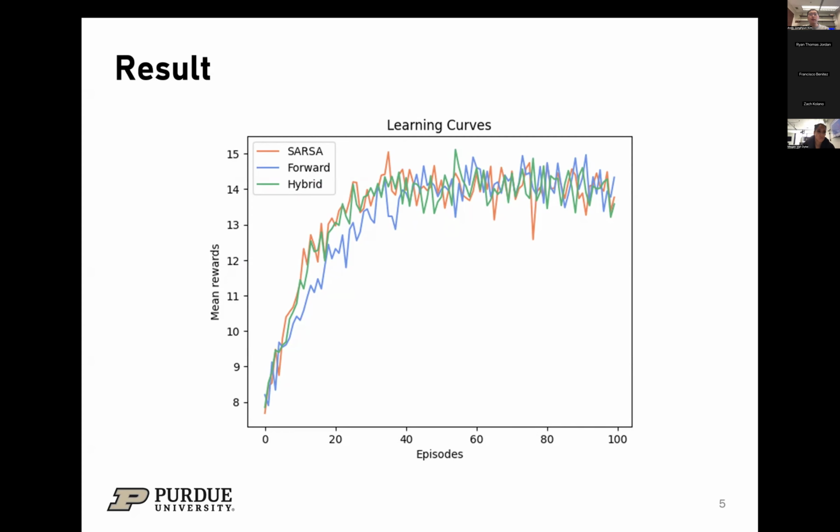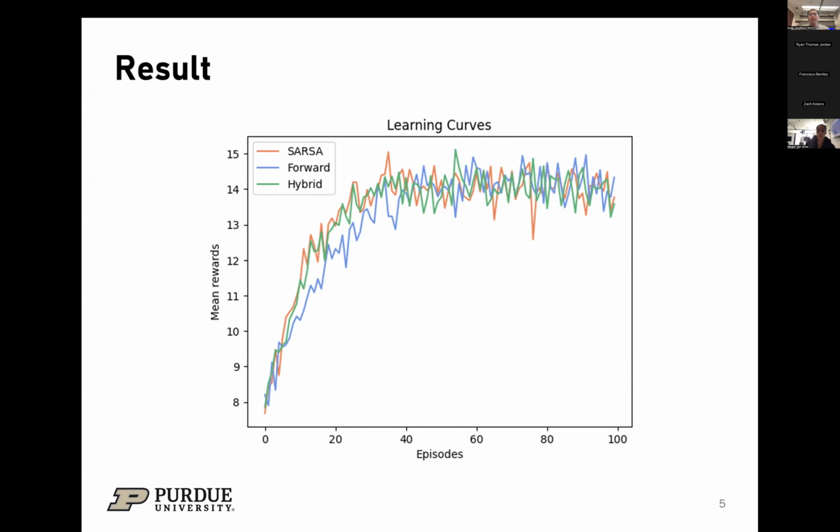So the results closely mirrored the behavior findings in the original study. SARSA and the hybrid agent learned quickly, like here, the orange and green lines, while the forward agent learned much more slowly, taking many more episodes to reach its asymptotic performance.